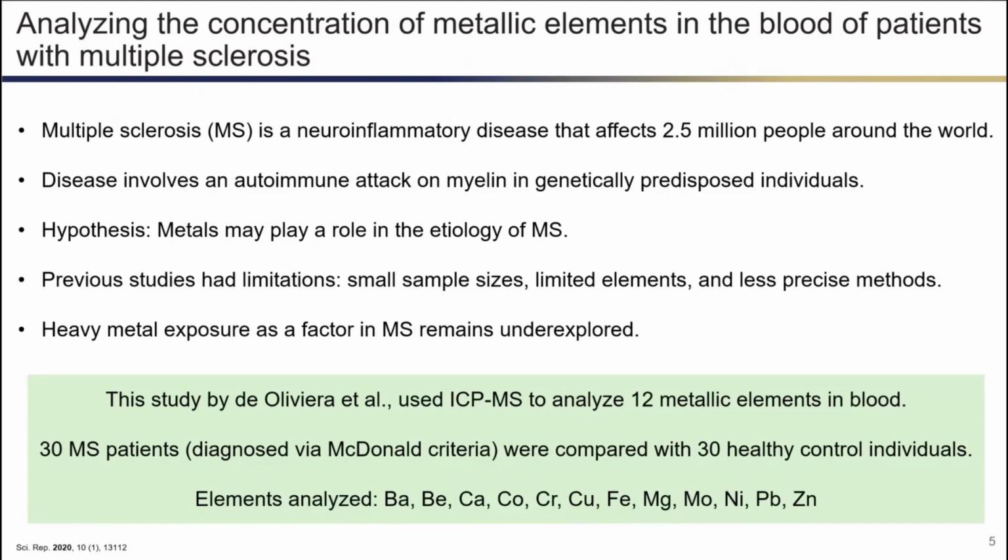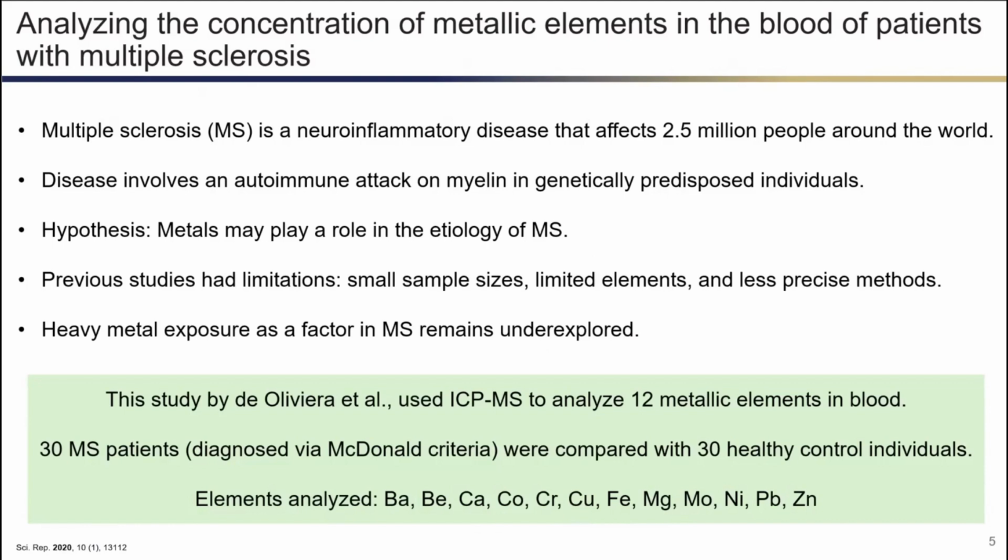And also, they used a sample pool made of 30 multiple sclerosis patients and compared with 30 healthy control individuals as well. Another reason for doing this study is because heavy metal exposure as a factor in multiple sclerosis remains underexplored.